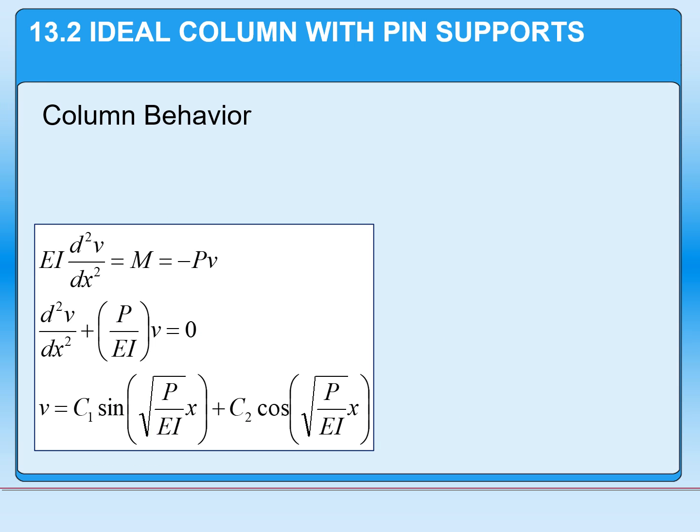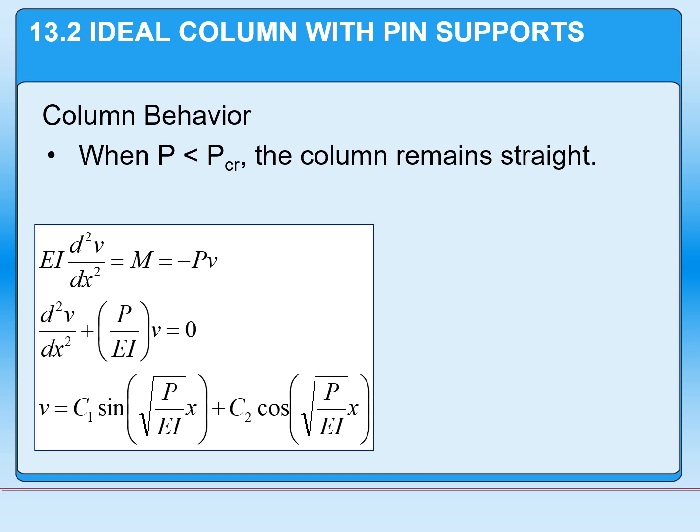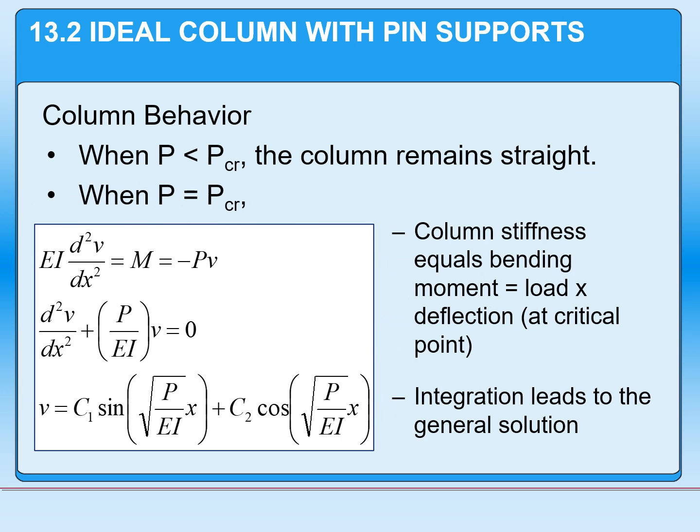When studying an ideal column, we need to understand the column's behavior. As I mentioned, as long as the load is below the critical load, the column will remain straight. On the other hand, when we hit that critical load, what we find is this first equation has been met. This is a measure of the column's stiffness.